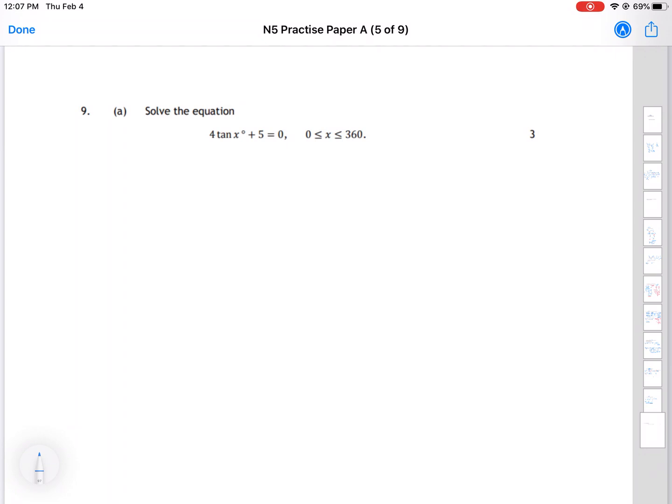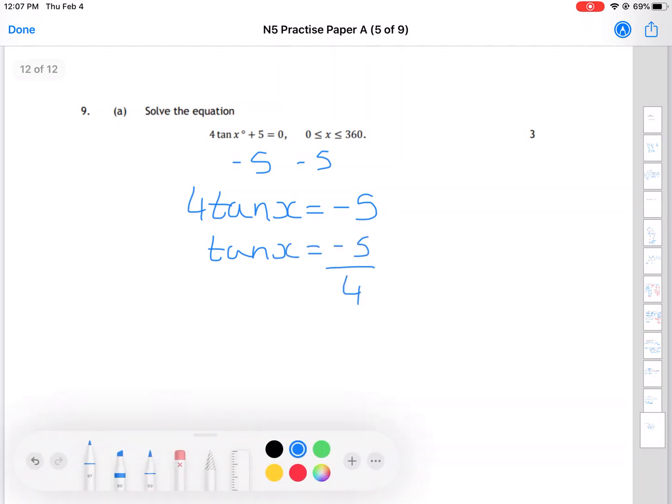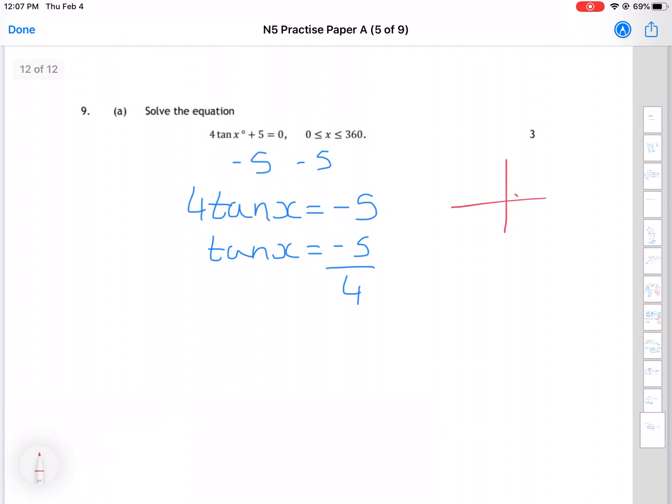Solve the trig equation. So you've got to take away 5 first of all from both sides to get 4 tan x equals negative 5. Divide then by 4 to get tan x equals negative 5 over 4. We are using our cast diagram, so we've got two angles to find.